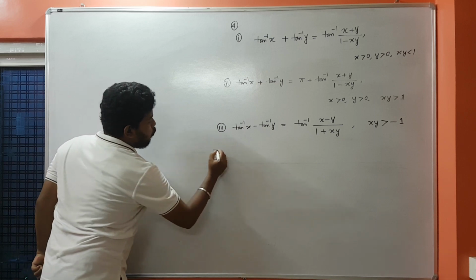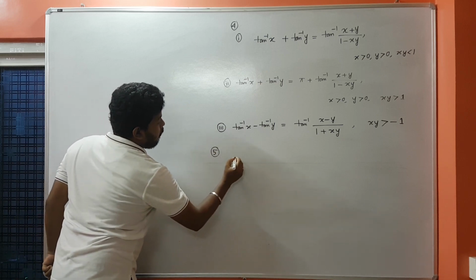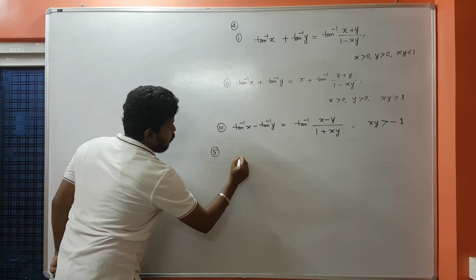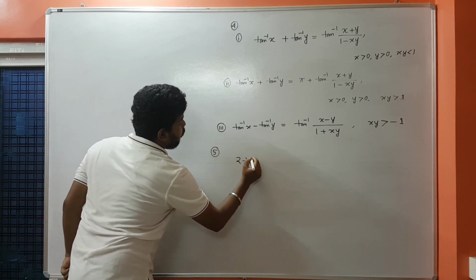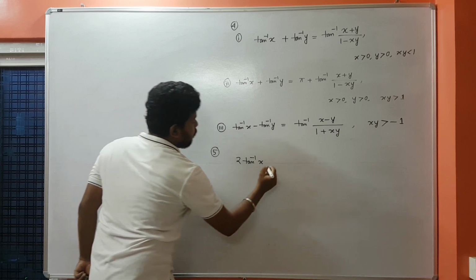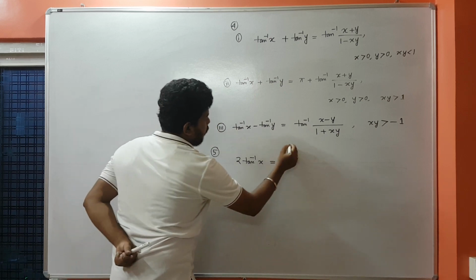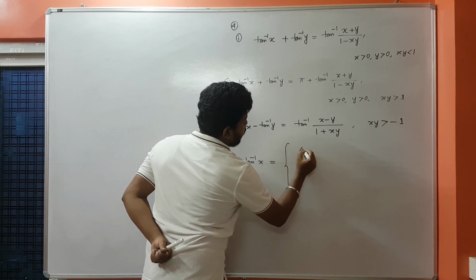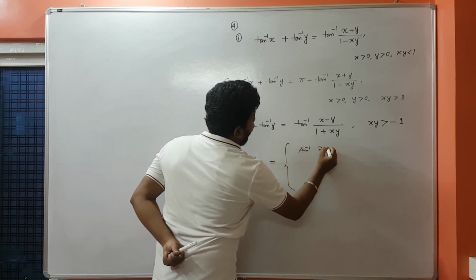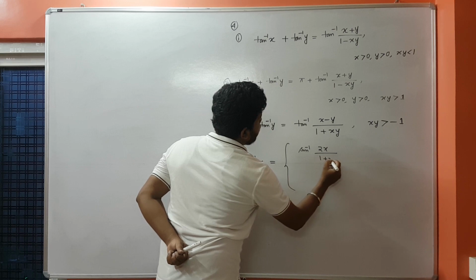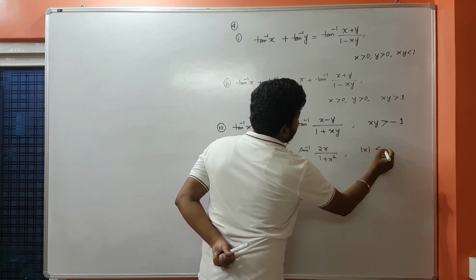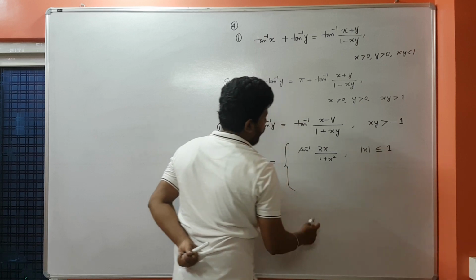I have a few more formulas. Set 5, number 1: twice tan inverse of x is equal to sin inverse of twice x by 1 plus x square, given mod of x is less than or equal to 1.